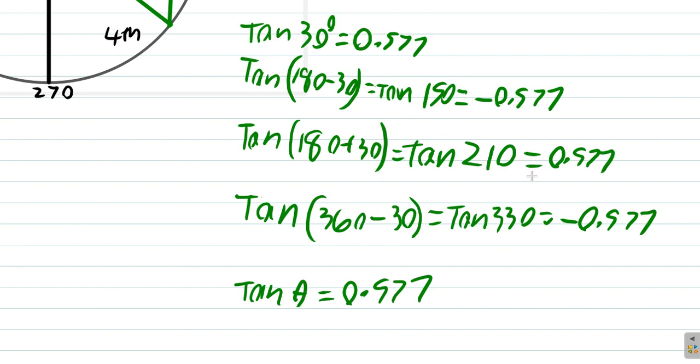You would have found 30 and 210. So theta would be 30 degrees. You also found 210 degrees. What would be the other angles?